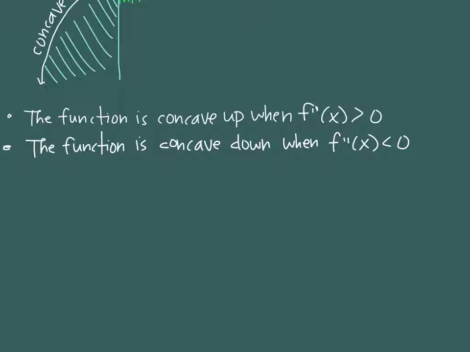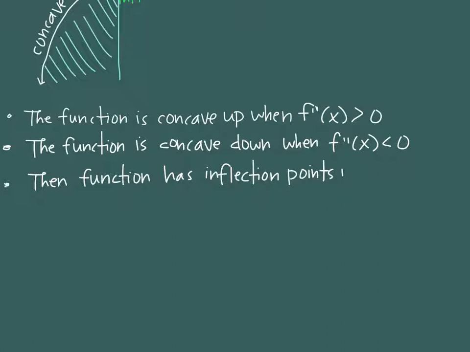Notice it's nothing equal to. We're never talking about equal to. Equal to is done in your scratch work when you're solving for critical points and inflection points, but in your statements, it's never equal. And then our final one is the function has inflection points when, again, nothing to do with equality.